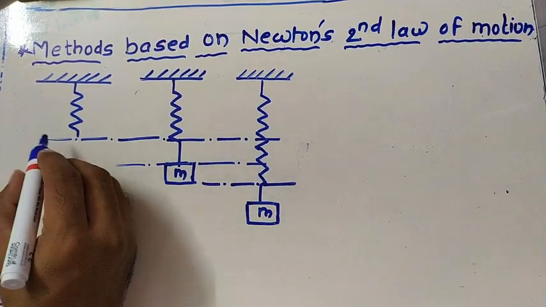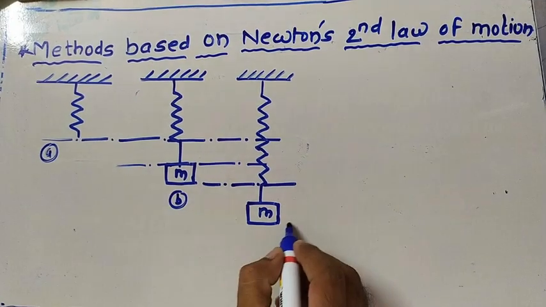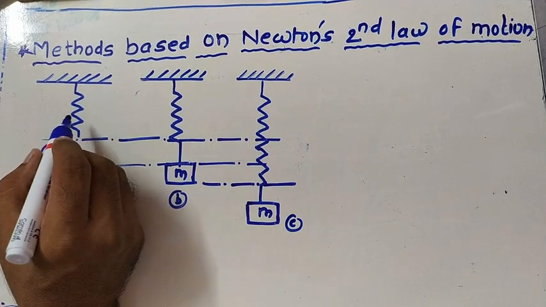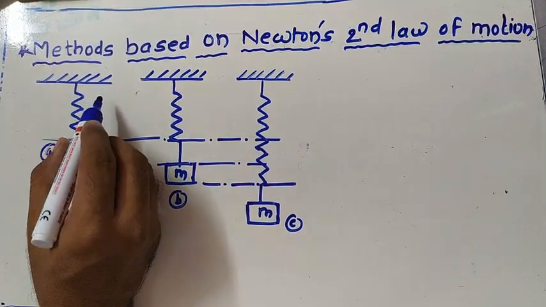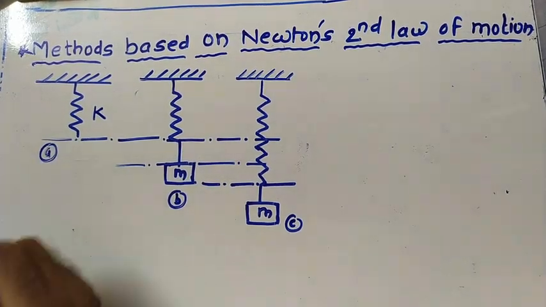Now if you look towards figure A, figure B, and figure C, a simple spring we are considering here. The stiffness for this spring is k.